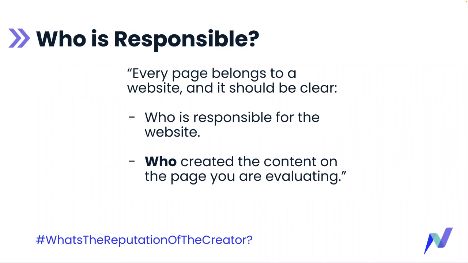So if you're creating content, Google's asking: every page belongs to a website, and it should be clear who's responsible for the website itself. What company or person or brand is behind it, and who actually created the content. If you are a graduate writing information about why people have heart attacks, it's not going to cut it.